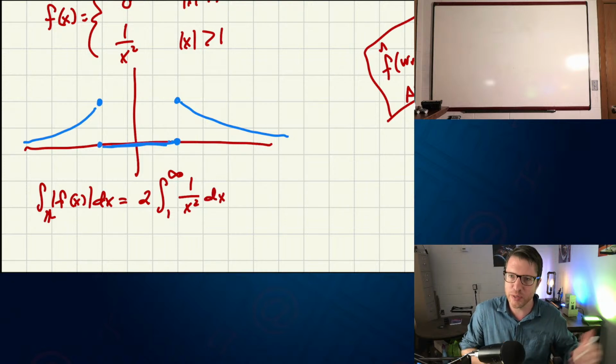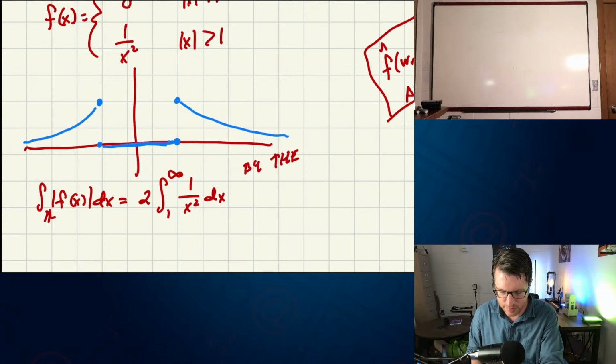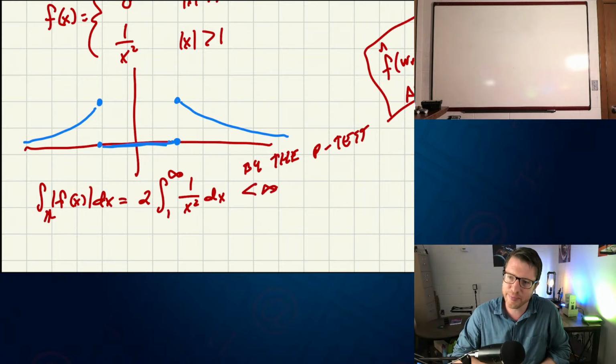The absolute value of x squared, but since we're just talking about reals, it's fine. Absolute value doesn't do anything. And so by the p-test, we have that this is less than infinity.